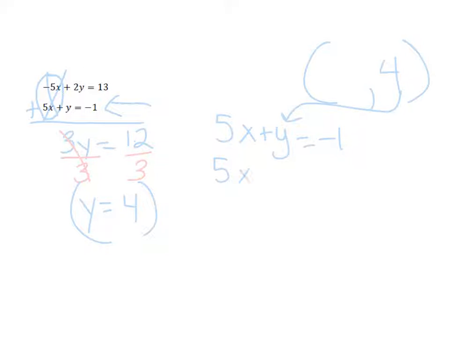We get 5x plus 4 equals negative 1. Subtract 4. I get 5x equals negative 5. Divide by 5. x equals negative 1. Again, you need to check it in both the top and bottom equation.